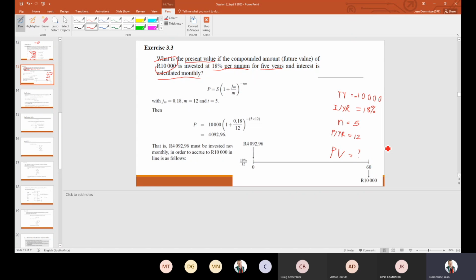My interest per year is 18%. It is happening 12 times a year, so I need to remember that. It's happening 5 years, so it is 60 periods, and then my present value will be 4,092 rand 95.97. So rounded off, it will give me that.